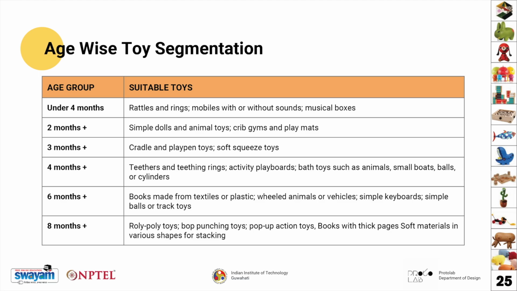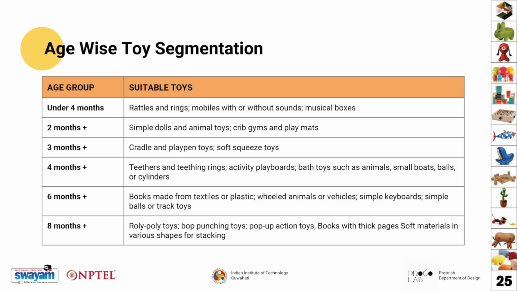play. Around 6 months, babies become more mobile and curious. Textile or plastic books, wheeled animals or vehicles, simple keyboards and balls help develop motor coordination and early interaction with objects. By 8 months, infants begin experimenting with movement and balance.